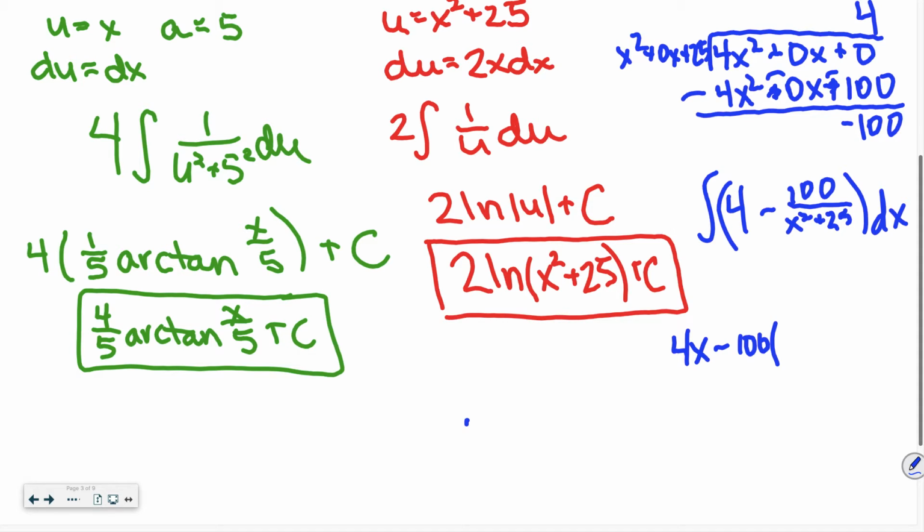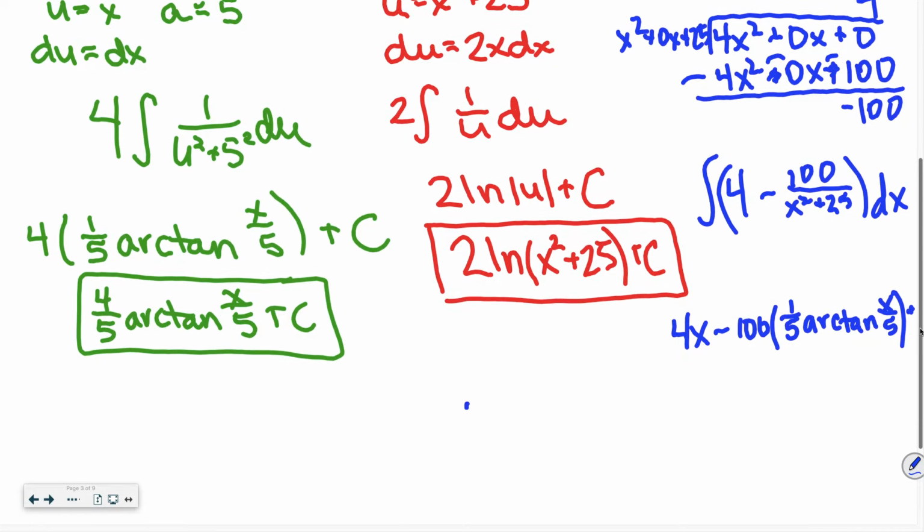We just went through that over there, okay? It is the arctangent pattern. So we have 1 over 5 arctangent of x over 5 plus c. There's a c right there. There we go. Okay? So our final answer would be 4x minus 20 arctangent of x over 5 plus c.